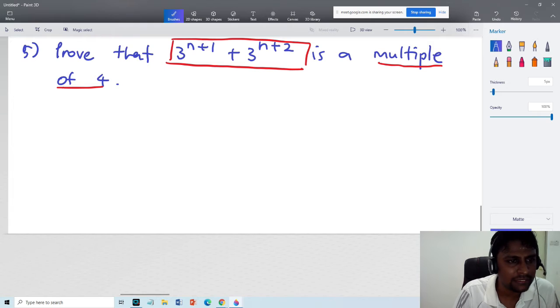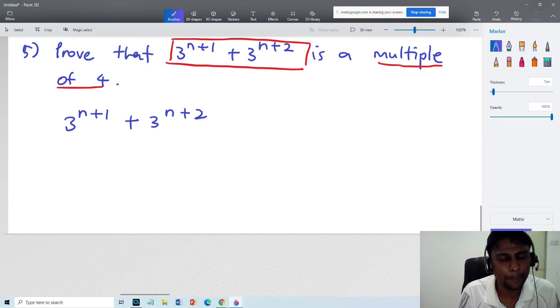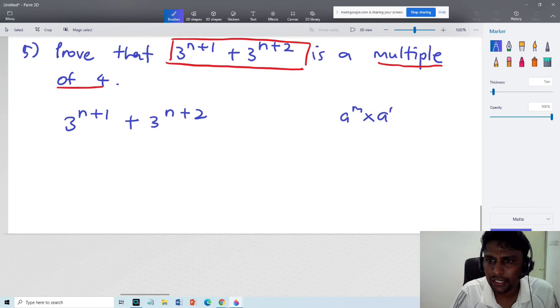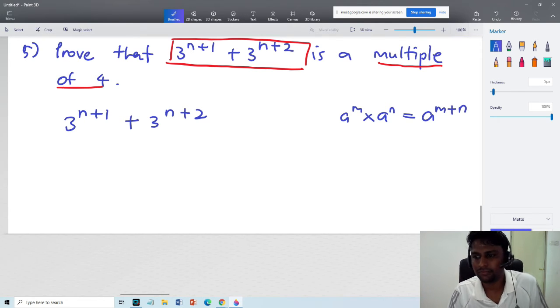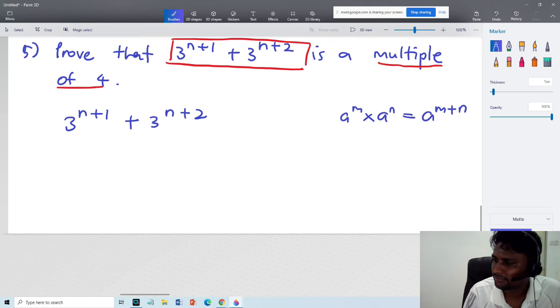First, what you need to do is add these two: 3^(n+1) plus 3^(n+2). You must do something so that you can simplify them. How are you going to simplify them? Remember, we have a^m times a^n equals a^(m+n).